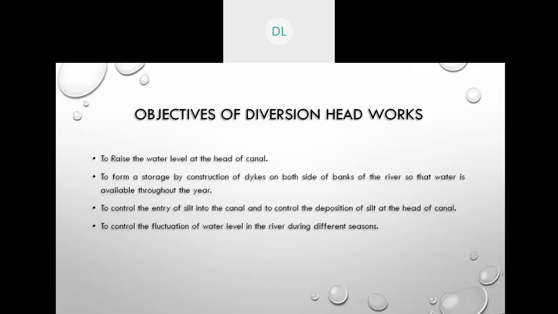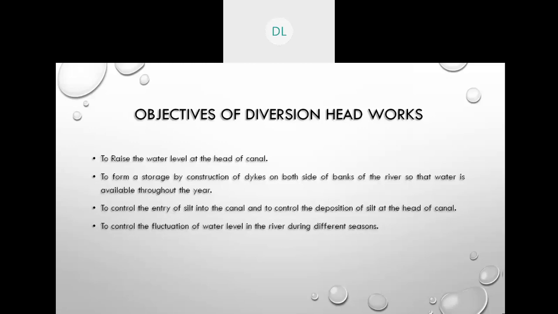The third objective is to control the entry of silt. Silt means finer sand or debris which the water carries in the stream or river, and that silt, the finer clay material, should not enter into the canal or the different diversion structures, the civil infrastructure. If it enters, it will deteriorate the structure or reduce its working efficiency.